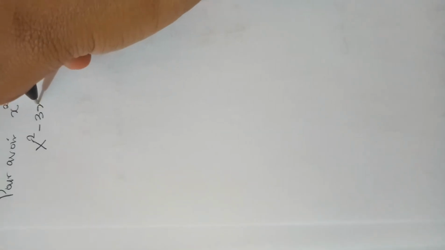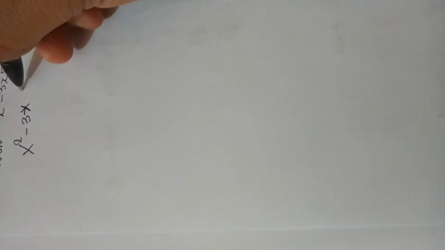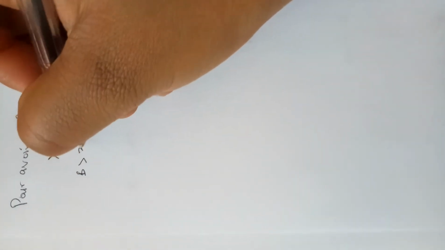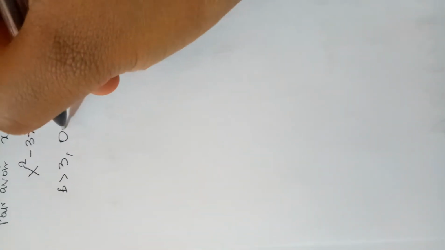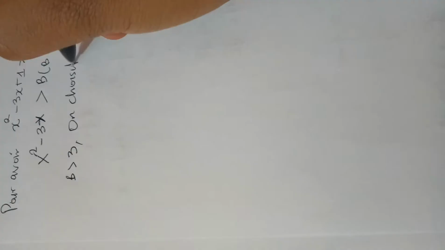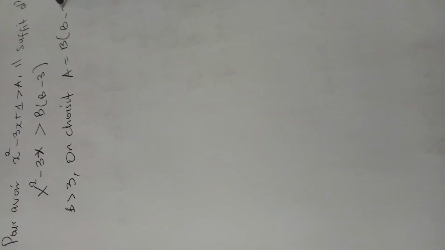So I have x squared minus 3x greater than b minus 3. So with b always greater than 3, remember, on choisit a égale à b moins 3.